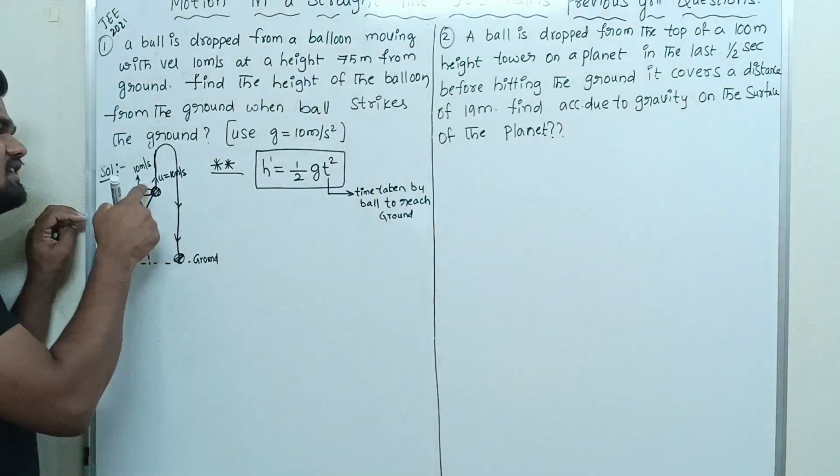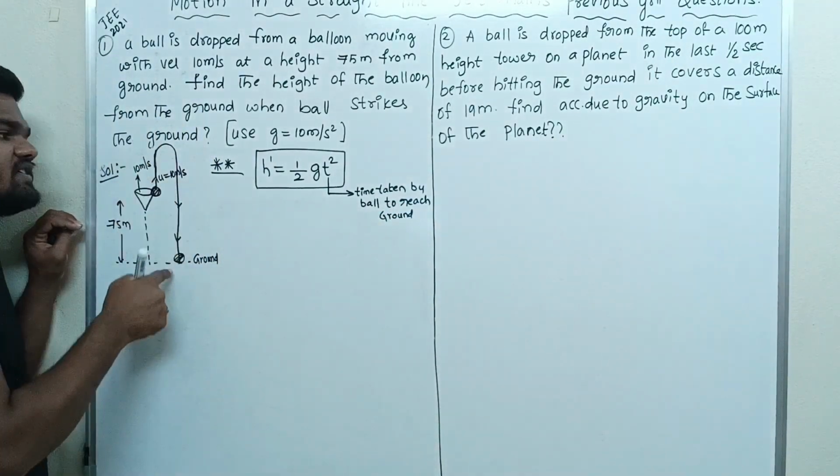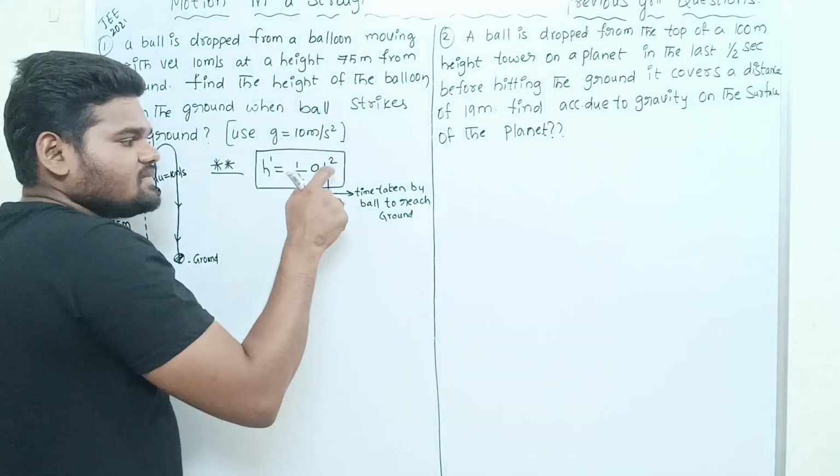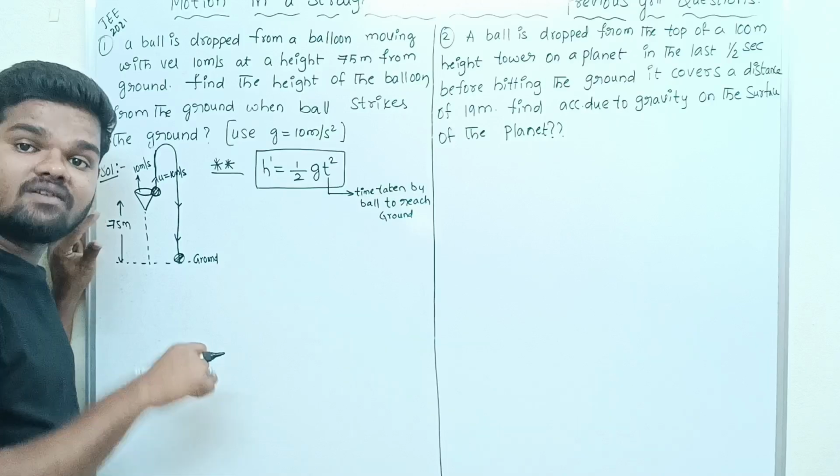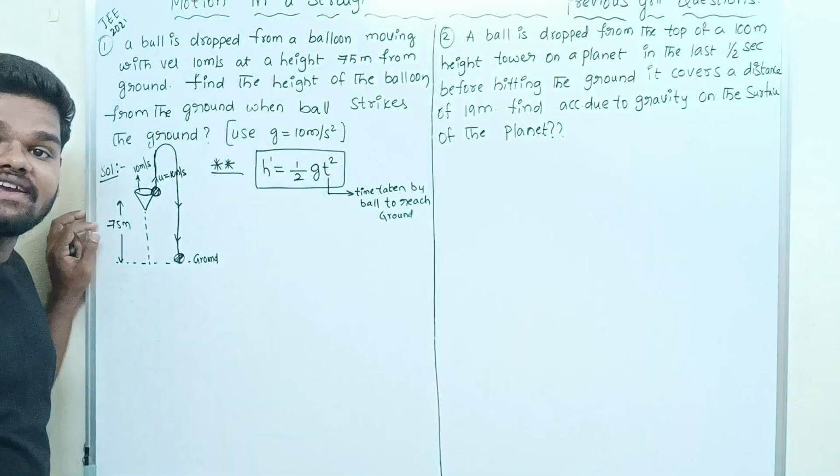So now what we have to find is the time taken by this ball to reach the ground. After getting the time, we just substitute it in this equation, and we will get the height of the balloon from the ground when the ball hits the ground.